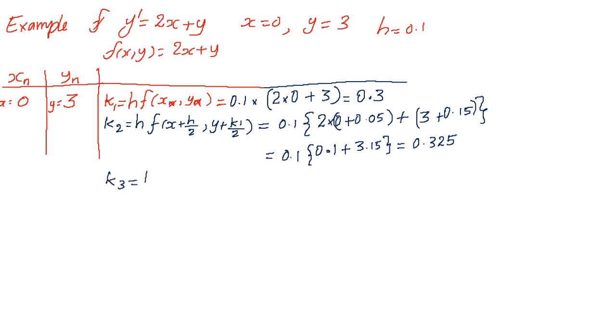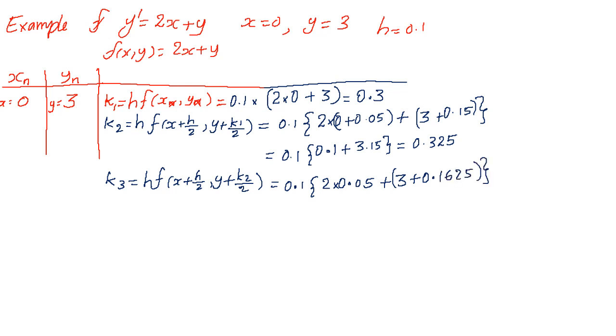Then we will calculate k3. K3 is equal to h into f of x plus h by 2 and y plus k2 by 2, which is 0.1 into 2 into x plus h by 2. X is 0 and h by 2 is 0.05. So 2 into 0.05 plus 3 plus k2 by 2, that is 0.1625.